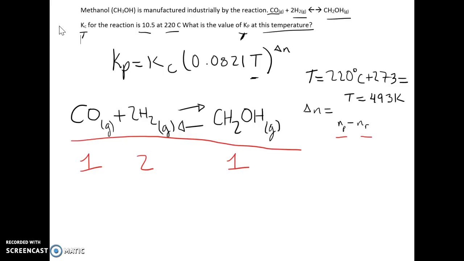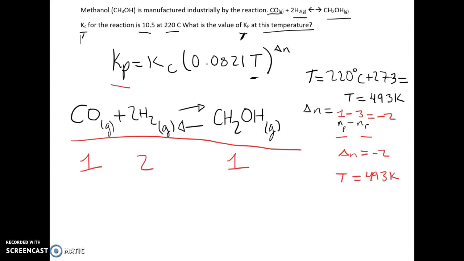So therefore our change in moles is going to be 1 minus 3, which is going to give us -2. So our change in moles is -2, and then our temperature is 493 Kelvin. And now all we have left to do is just plug it in and solve for Kp.